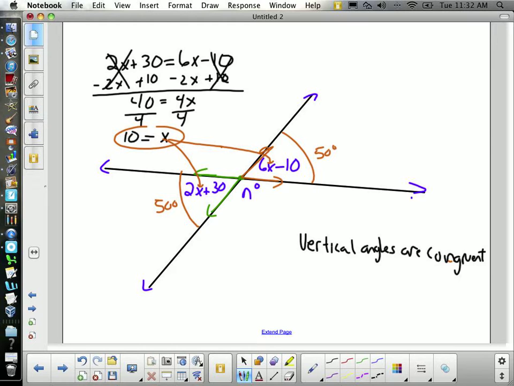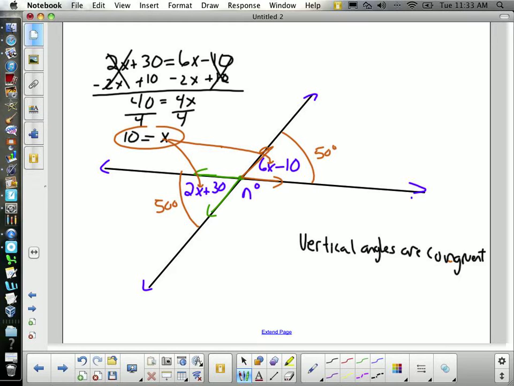What's the relationship for linear pairs? They are adjacent and... Are they congruent? No, they are supplementary, which means what? They don't equal 180, they add up to 180.